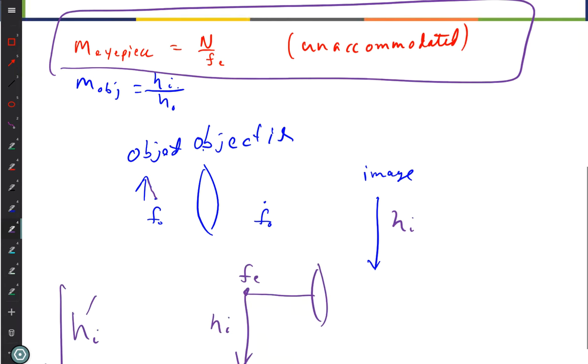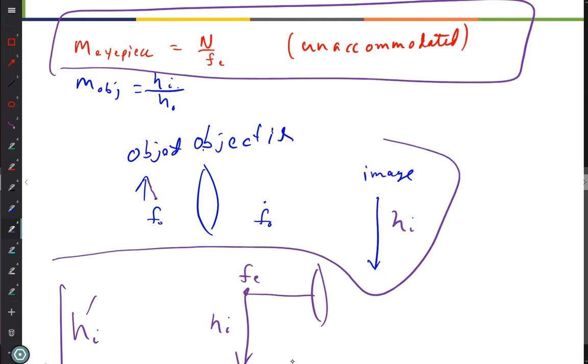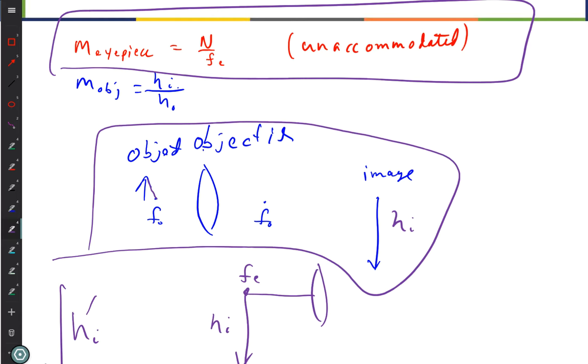So now we're focusing on this picture here and trying to find the relationship for the magnification of that one. The magnification is going to be the height of the image divided by the height of the object. But we learned another equation for that, an equivalence. What was the equivalence we learned for the magnification based on geometry?